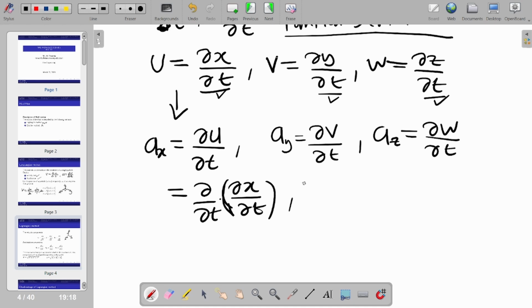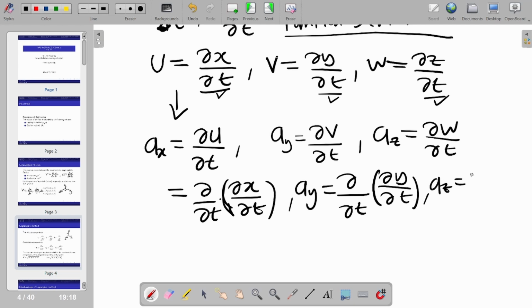Then ay will also be given by the change, so here we should have, what is our v? v is the change in y over the partial derivative of time. Then what is our az? This is going to be az. We have the change in z over the change in time.